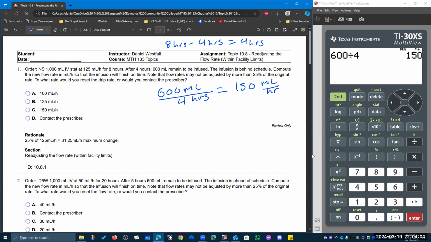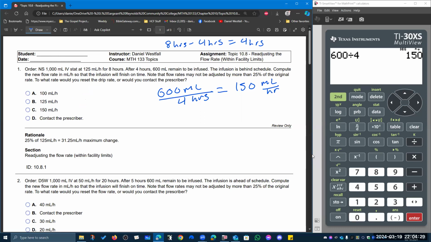So the original rate was 125. We don't worry about the 400 in 4 hours, they mean the order.